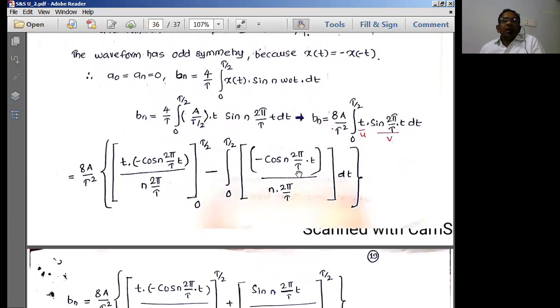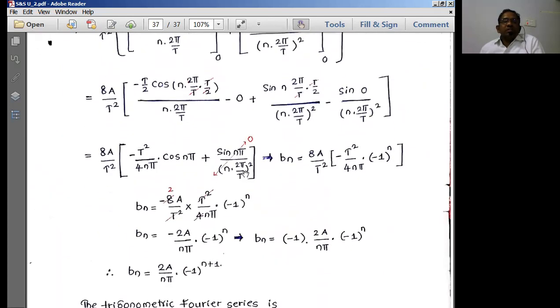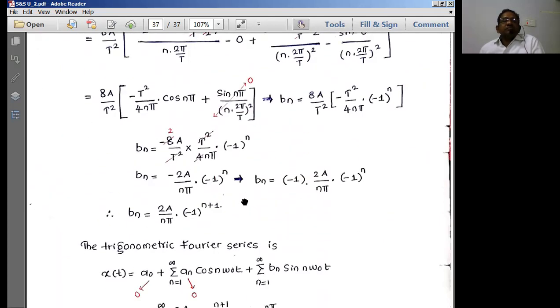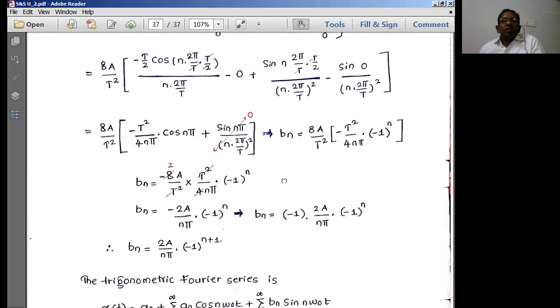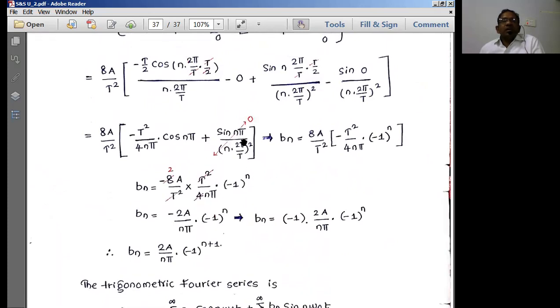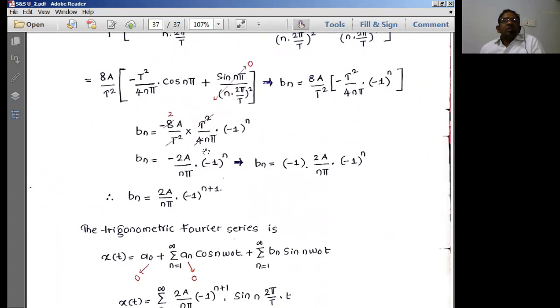Now I have the UV formula, using the UV formula we solve this particular expression, and finally you know all these trigonometric relationships. Sine n pi is normally equal to 0, so I am just going to have here bn. By simply eliminating all these components, T by 2, T by 2 will get cancelled, 4 goes 2 times here, and finally I'll be having this equation, right?